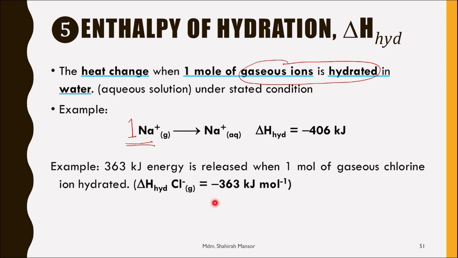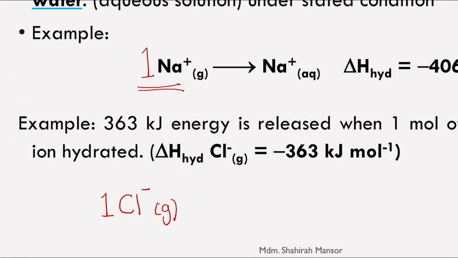Since this is a hydration reaction, you have to start with the gaseous ion, which is Cl minus gas. The 1 mole should be on this gaseous ion. You don't have to write the 1 in this balancing, I just want to show you where the 1 mole is according to this equation.